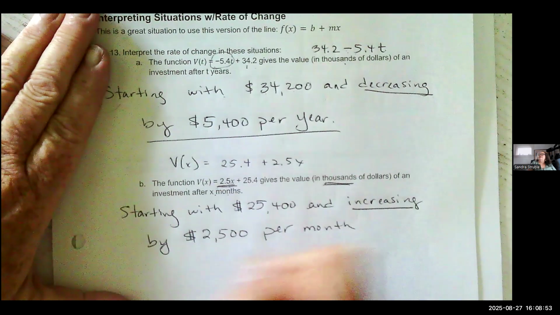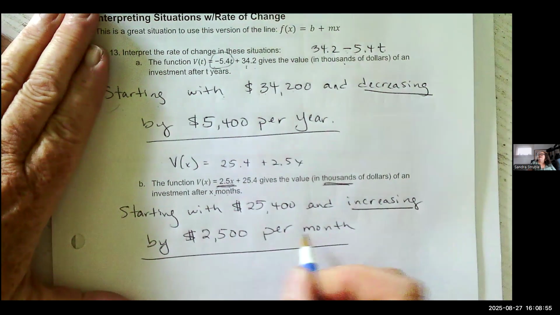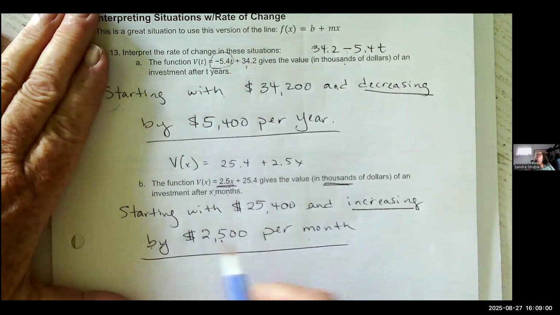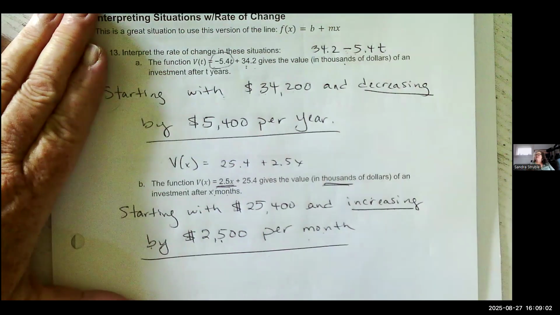That's nice. So I'm looking for the part that's underlined, that this function is increasing by $2,500 per month. That's exactly what I'm looking for.